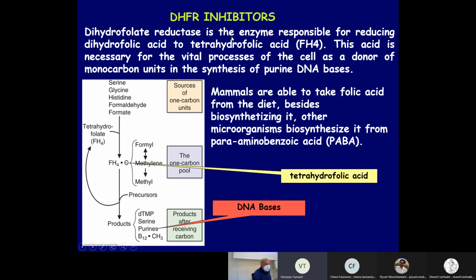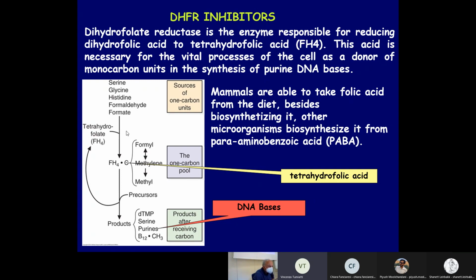Dihydrofolate reductase is the enzyme responsible for the reduction of the dihydrofolic acid to tetrahydrofolic acid. We have already seen this step. This acid is important for the vital processes of life.